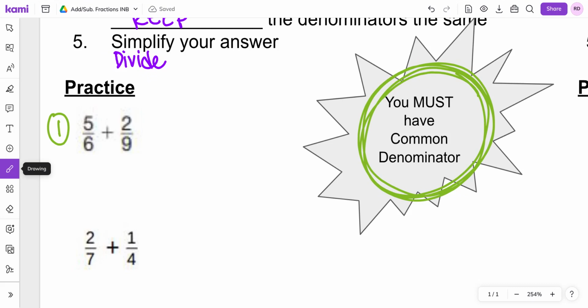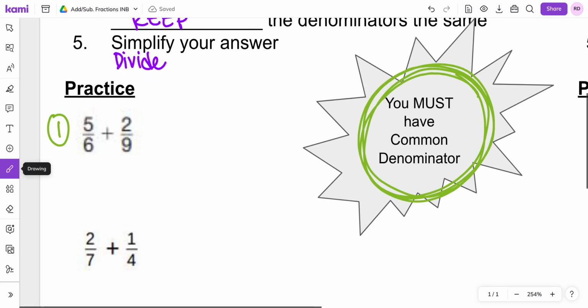There are actually quite a few common denominators for 6 and 9, but I always just multiply them by each other. So what I mean by that is fraction number 1 right here ends in a 6. So I'm going to multiply the second fraction by 6's, and then multiply my first fraction by the 9's.